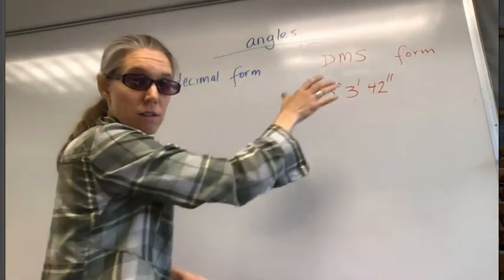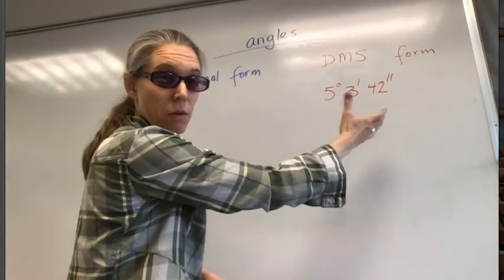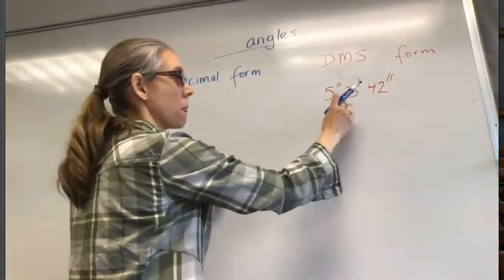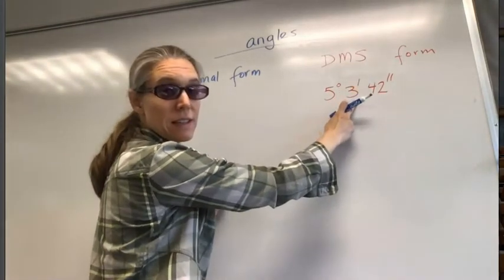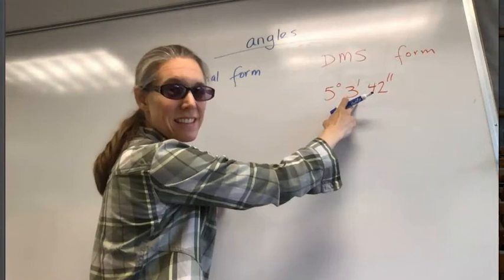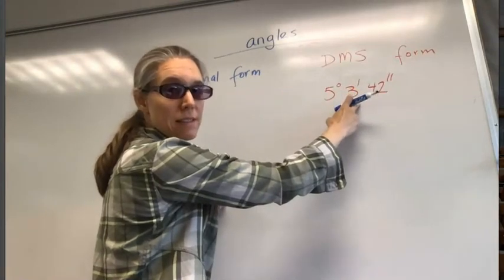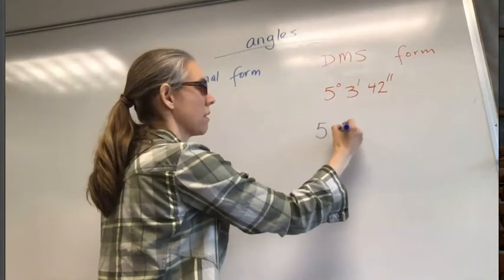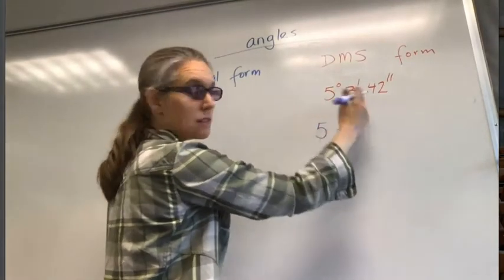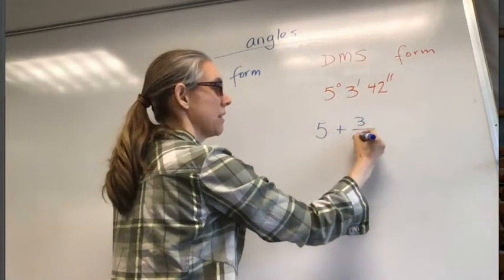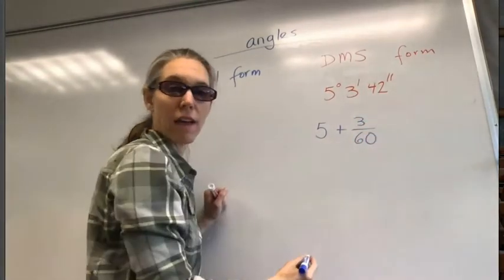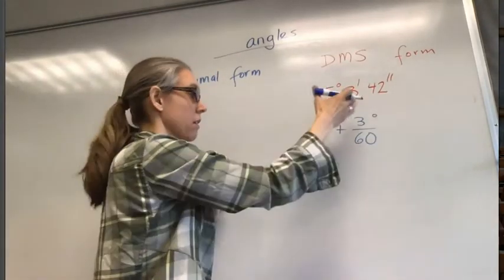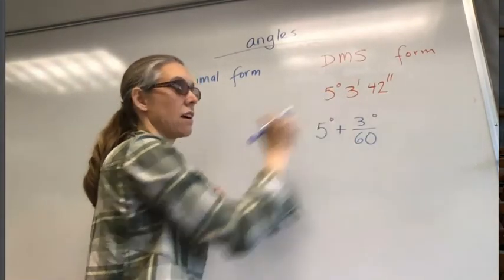We want to convert degree, minute, second form, DMS form, to decimal form. Remember that there are 60 minutes in a degree. So that means that this 3 minutes is 3/60ths of a degree. So we have 5 degrees plus 3/60ths of a degree.